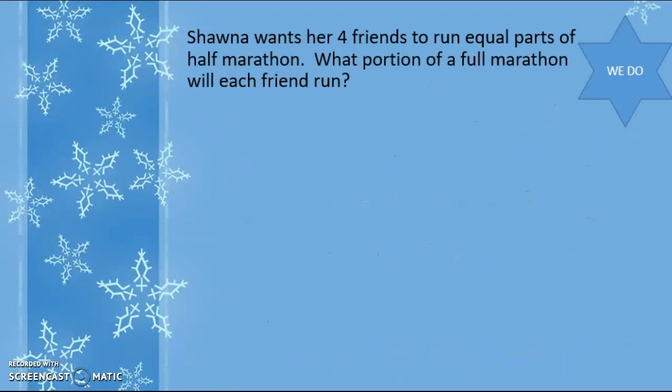Let's move on to the we do. Here we have Shauna again. Shauna wants her 4 friends to run equal parts of a half marathon. I'm going to write those words in the form of a number because there's my fraction. What portion of a full marathon will each friend run?